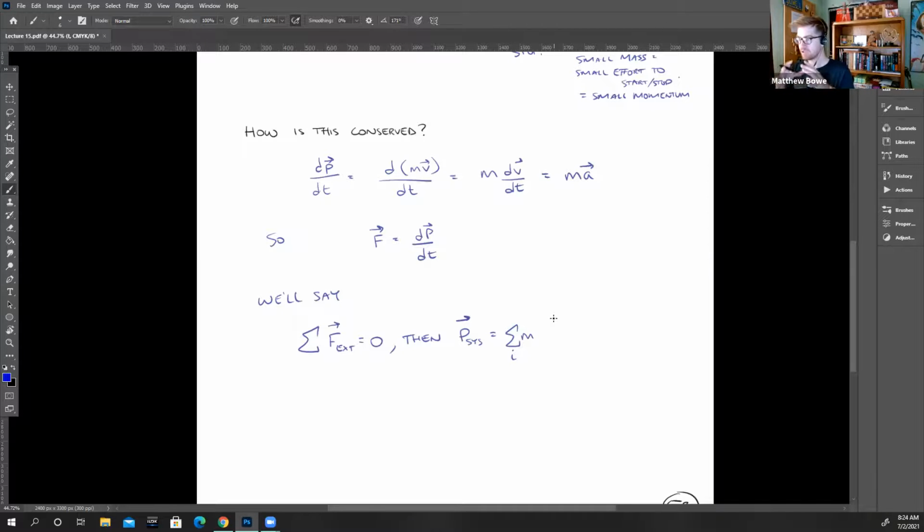I'm looking at a car crash, or whatever. I'm looking at all of the momentum. That's why I'm putting the summation of all of the little bits of my system is constant.